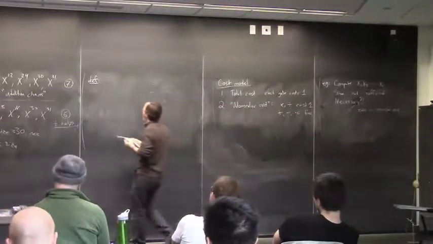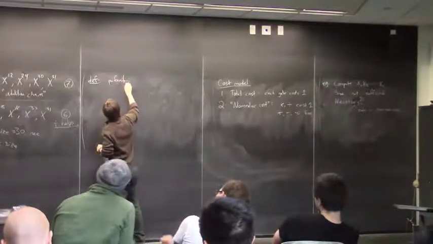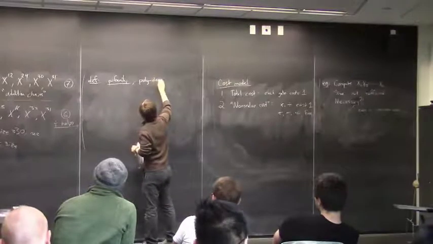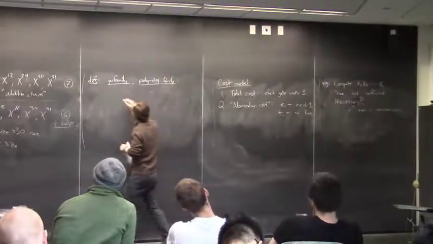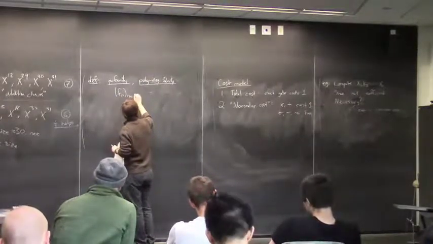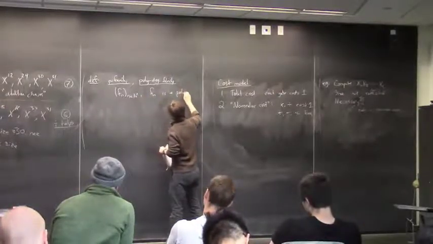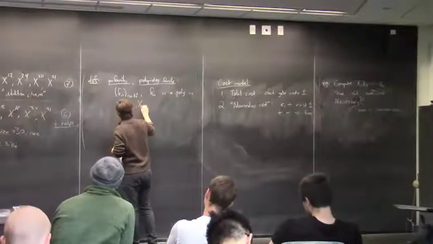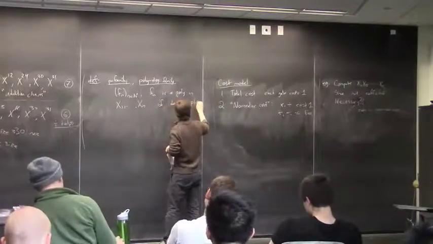Okay, so a so-called P family, maybe the longer version of the name being polynomial degree family, is just a family of polynomials where Fn is a polynomial in n variables, or indeterminates, of degree at most P of n, where P is a polynomial.